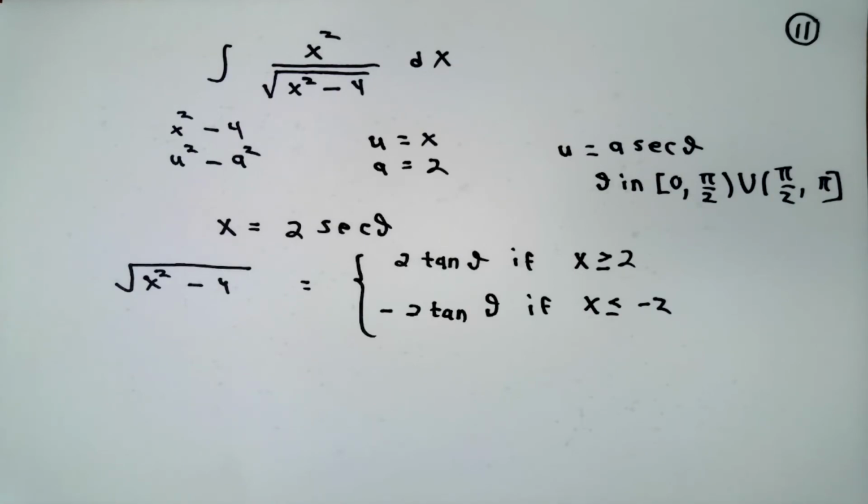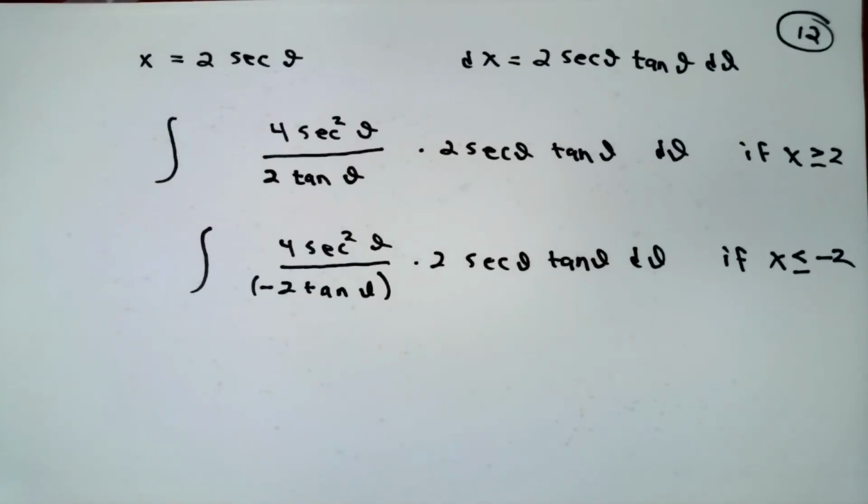We'll let u equal a secant of theta. That is to say, x is 2 secant of theta. The radical on the bottom of the fraction could be 2 tangent of theta in the case where x is bigger than or equal to 2, or it could be -2 tangent theta if x is less than or equal to -2.